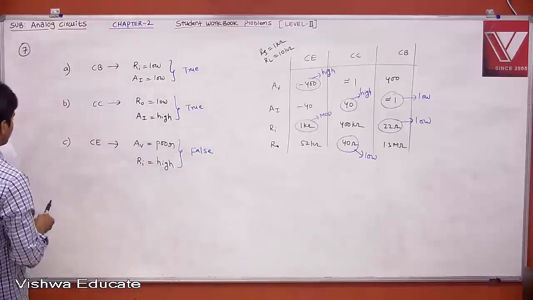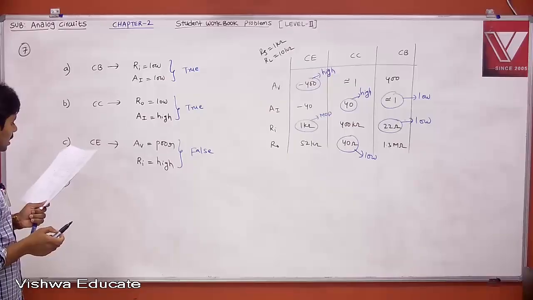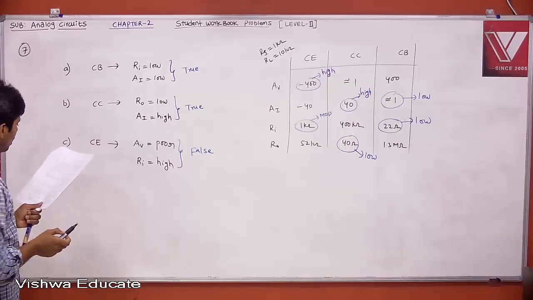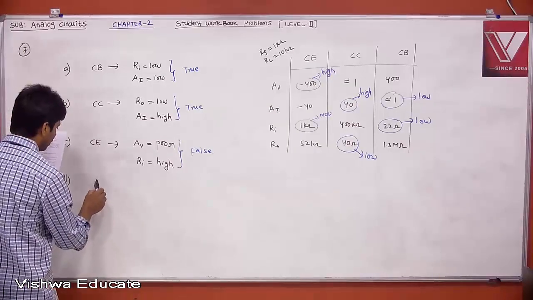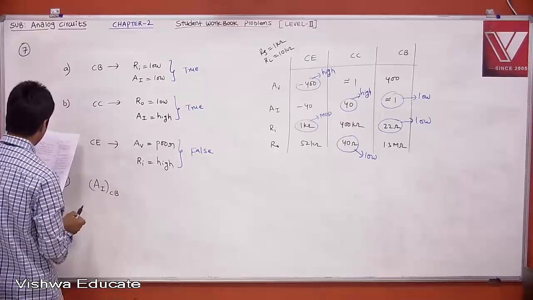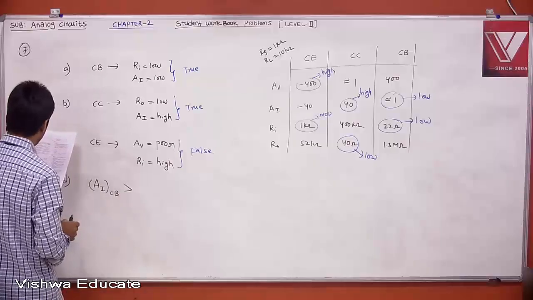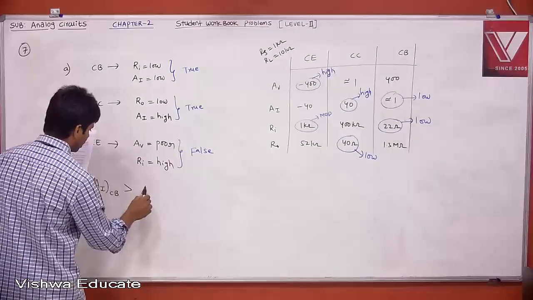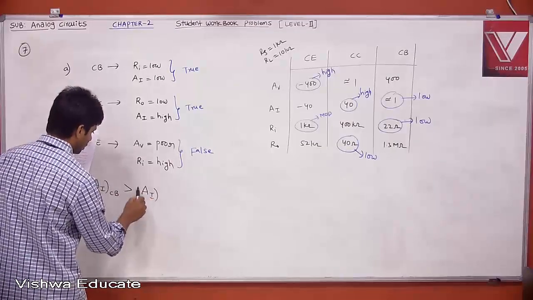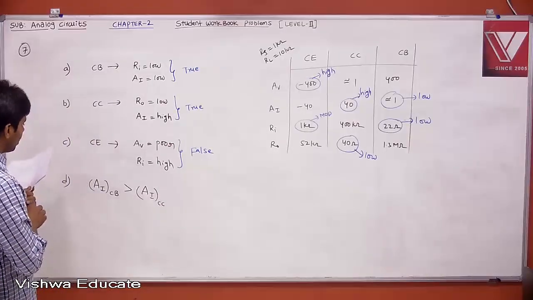Okay. Now, let's see what is option D. The current gain of CB amplifier is higher than the current gain of CC amplifier. Tell me what is the current gain of CC amplifier?